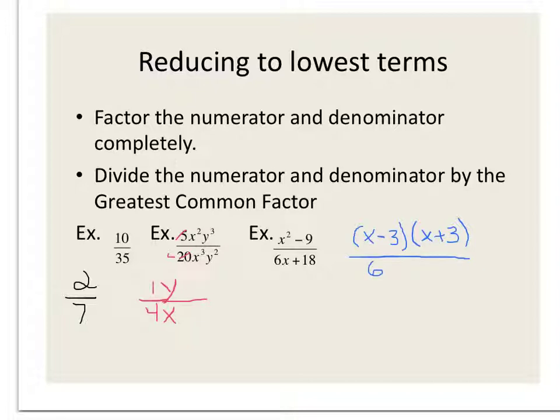So I'm going to pull the 6 out front, and what's left inside is x plus 3. Now, the best thing about this situation is that you notice there's an x plus 3 on the top and an x plus 3 on the bottom. Those cancel each other out. And then your final answer, since nothing else cancels, is x minus 3 over 6.